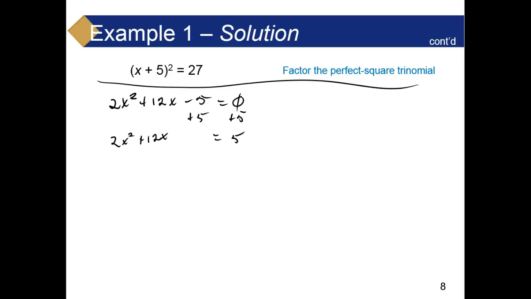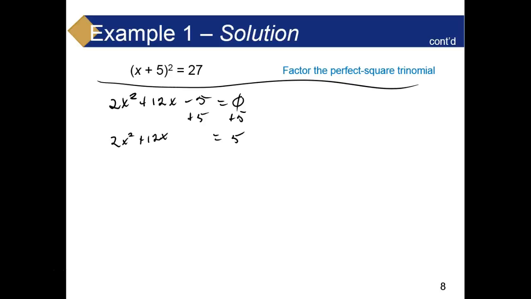Now, I thought David would say, let's take half of this. Not yet. Because guess what you got out here? Yeah, you got to get rid of that too. How do we do that? How is that 2 related to x squared?